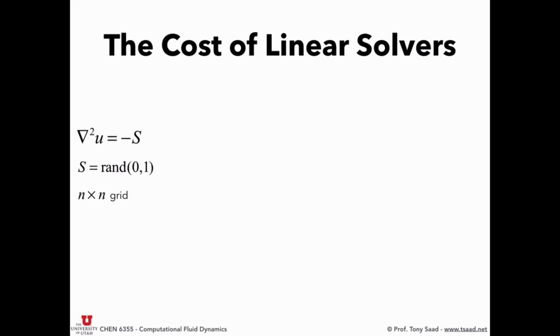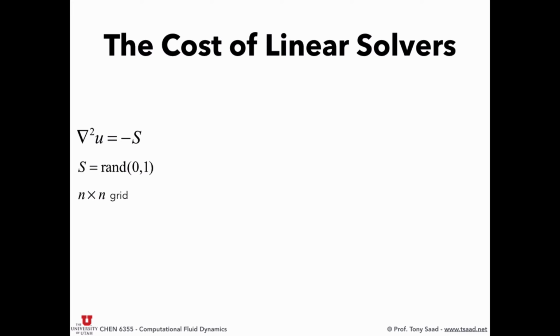Again, I'm solving del squared U equals minus S. Think of this as heating a rod. In this case, we're heating a plate because it's 2D, and I'm putting random heating along that plate, just a random number between 0 and 1 on the right-hand side, on an n by n grid. What I'm going to show is a plot of the time to solution.